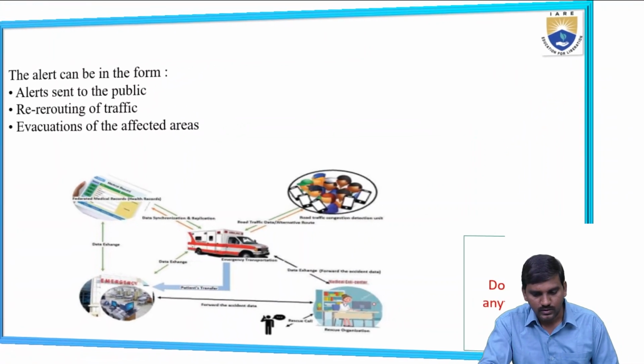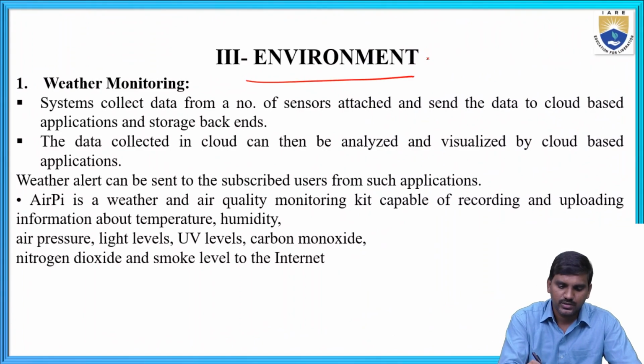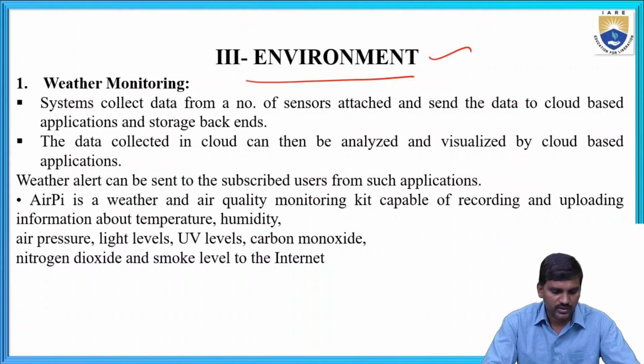Next one, the third domain, that is environment. Under the environment also we have different applications. Weather monitoring system: the input parameters are humidity, temperature, and some other different parameters.